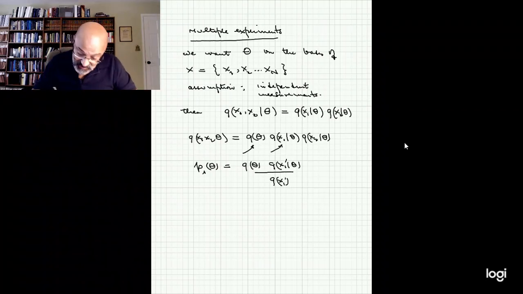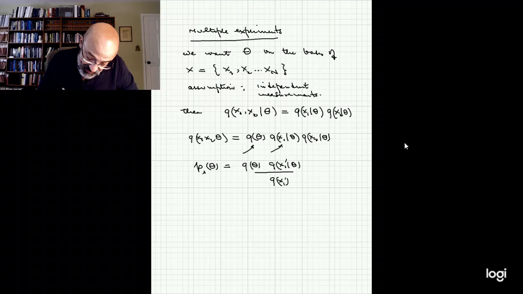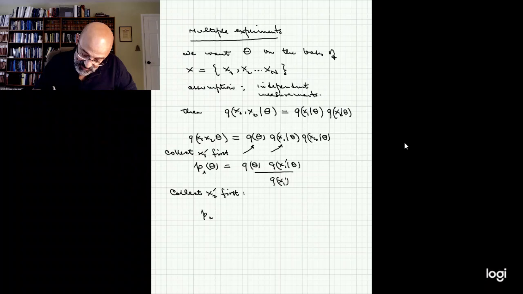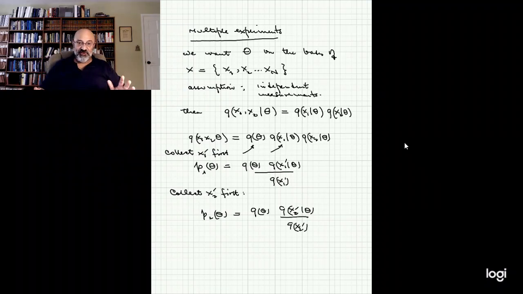Another possibility is that you collect x1 first. Another possibility is you collect x2 first. And so under those circumstances, now you see where I'm going with this.